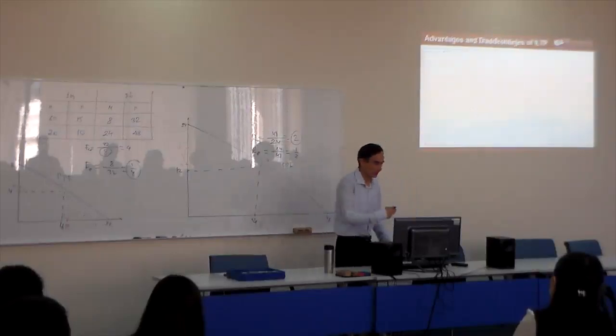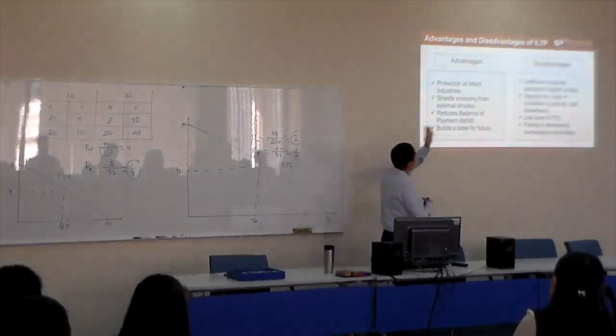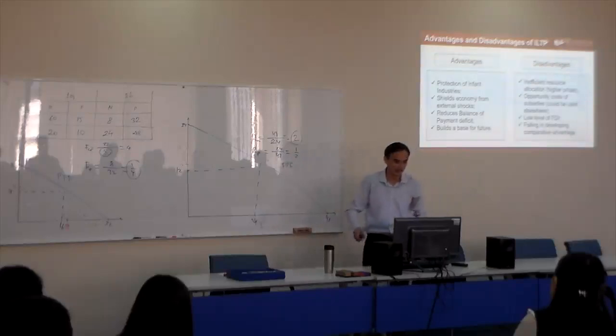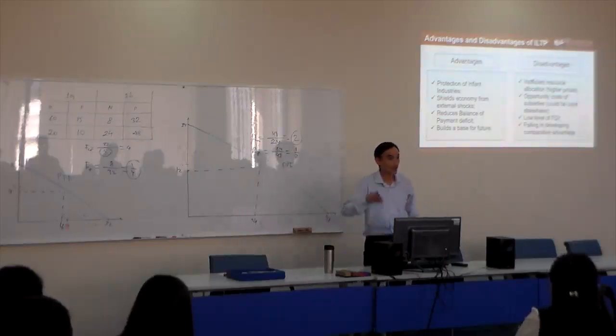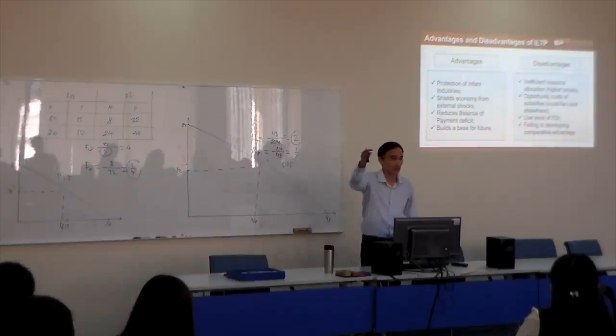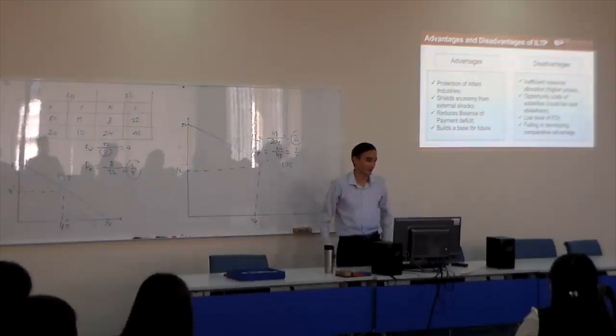So there are advantages and disadvantages of inward-looking trade policy. What are the advantages? It's good for our infant industries like Artel, like our GM. GM is still GM because of the government.